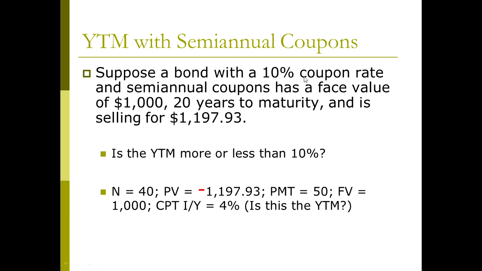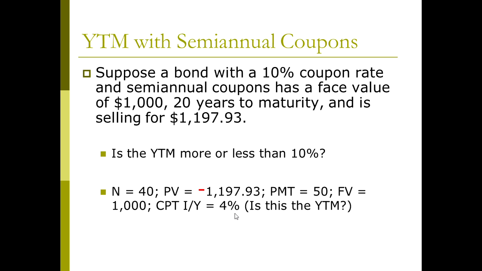Coupon: instead of receiving a $100 coupon at the end of the year, you're only receiving half of it every 6 months. Future value, or the face value, is again $1,000. Compute the yield. Well, the calculator will report 4%.